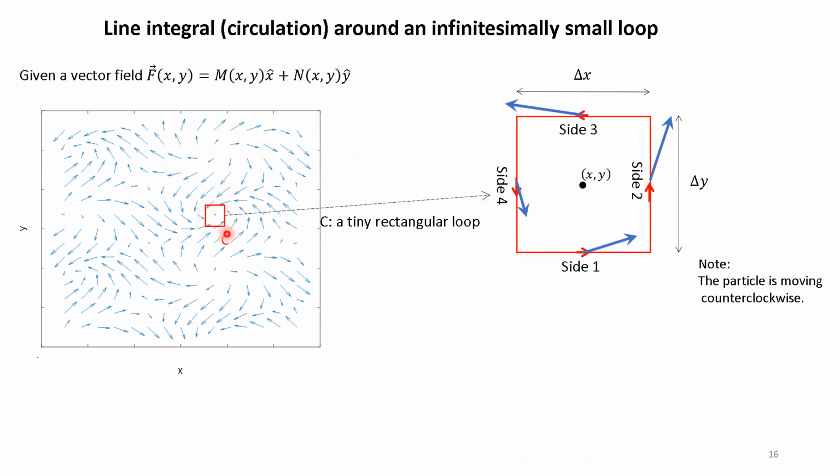It is very, very small: the horizontal length here is delta x, or dx if you like, and the vertical one is delta y, dy if you like. Now what I want to do is the line integral around this tiny closed loop.